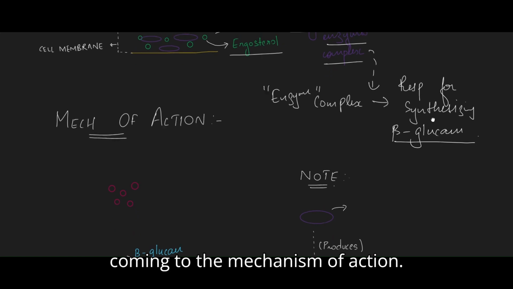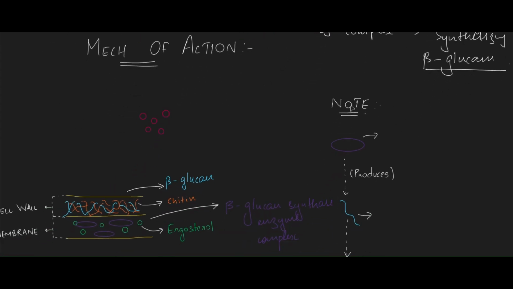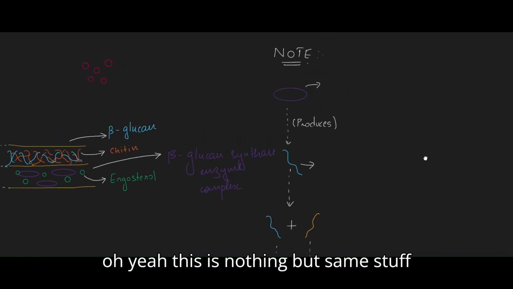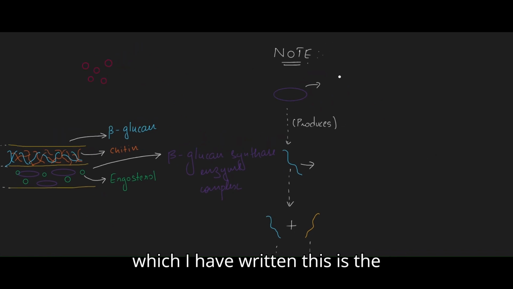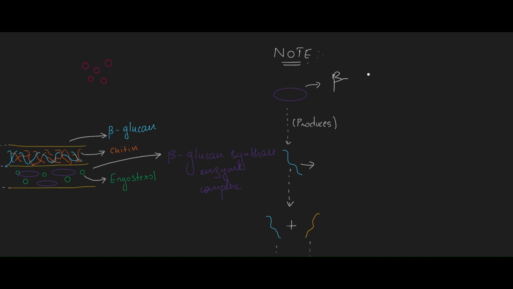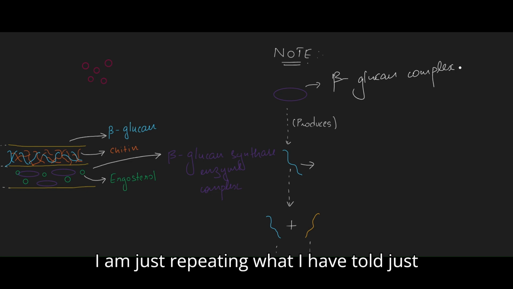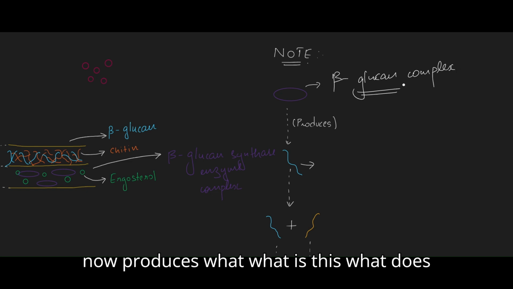So coming to the mechanism of action. This is nothing but the same stuff which I have written. This is the beta glucan complex. I'm just repeating what I've told just now.